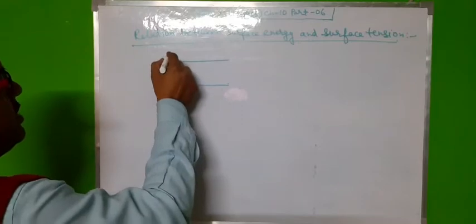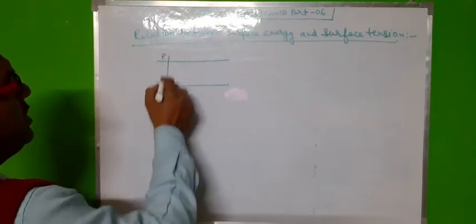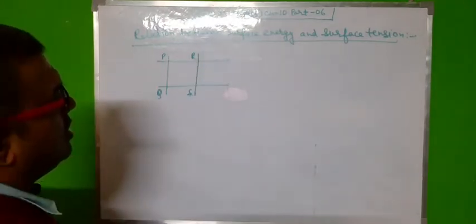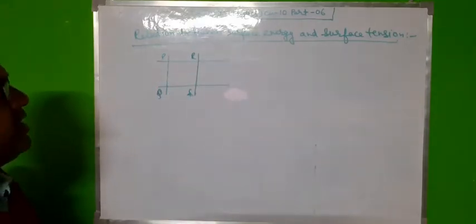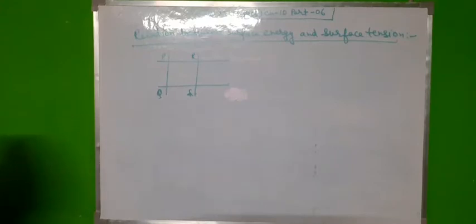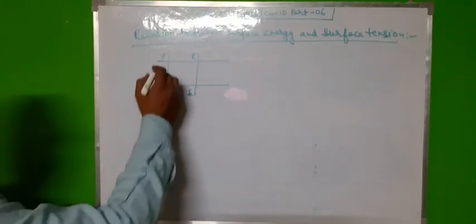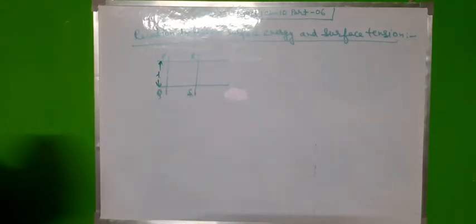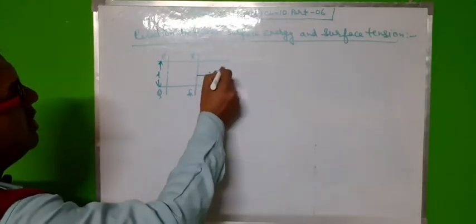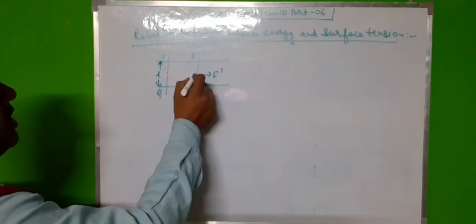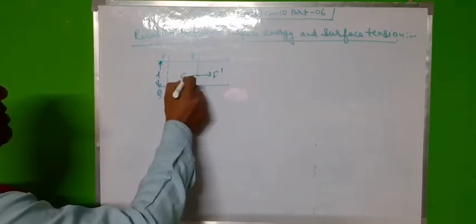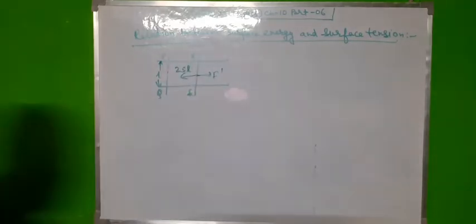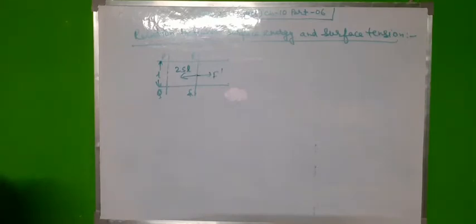we are taking a container, and suppose this is P and Q, and this is R and S. Now the RS part of this container is movable, and due to the surface tension, suppose this has length L, and a force F dash is acting in this direction, and the force due to the liquid is 2SL. 2SL is the surface tension force acting along this direction.